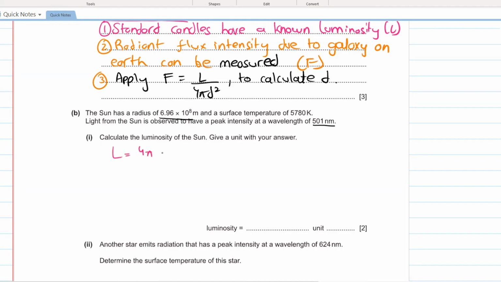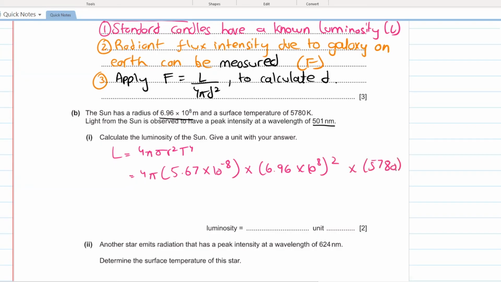Luminosity is 4 pi times the Stefan-Boltzmann constant times R squared times temperature to the power 4. The Stefan-Boltzmann constant is 5.67 into 10 raised to the power of minus 8, into the radius 6.96 into 10 raised to the power of 8 whole squared, into the surface temperature 5780 to the power 4.